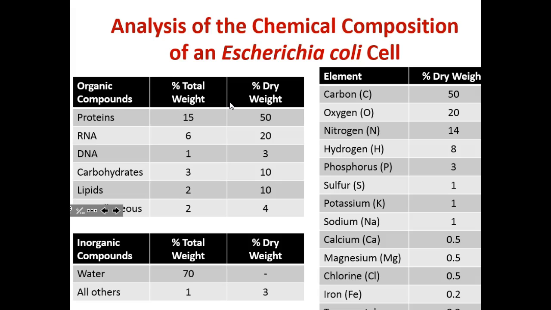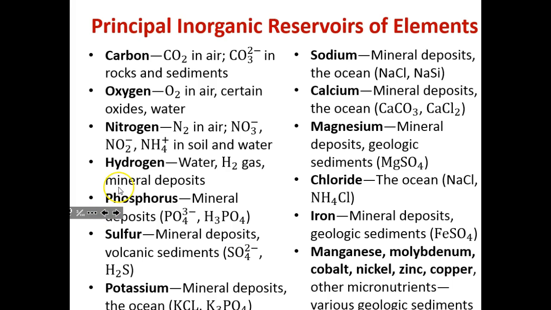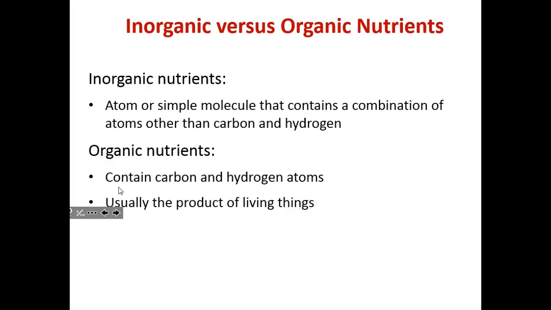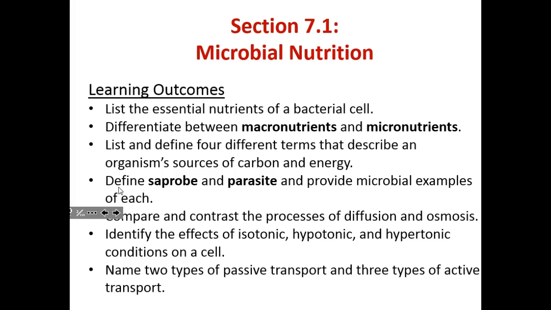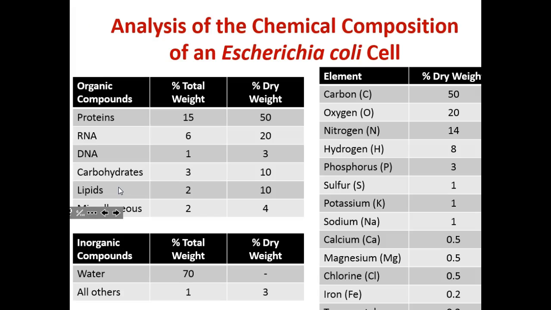So the organic compounds and their percent total weight and dry weight are listed here. Proteins, DNA, RNA, carbohydrates, lipids, and other miscellaneous compounds. The inorganic compounds are water, and water's total weight is 70%.